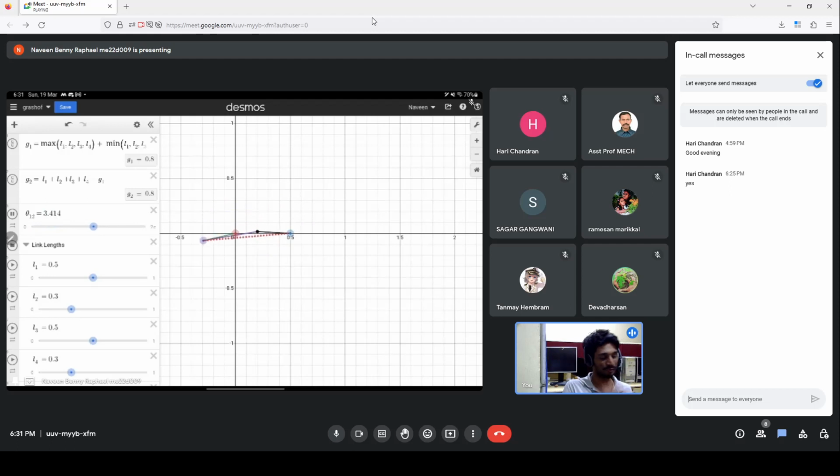But I was not able to. I didn't code it in time. That's on me. So that's how you get the double crank mechanism.